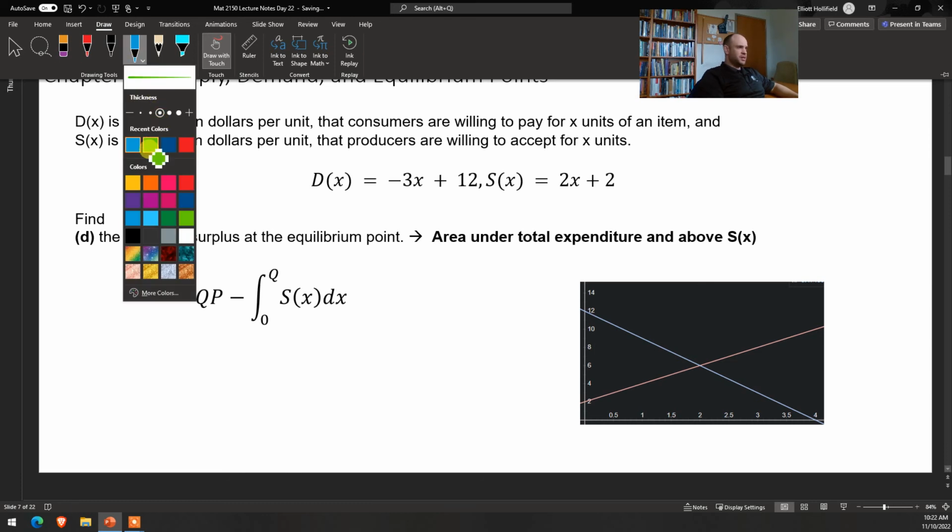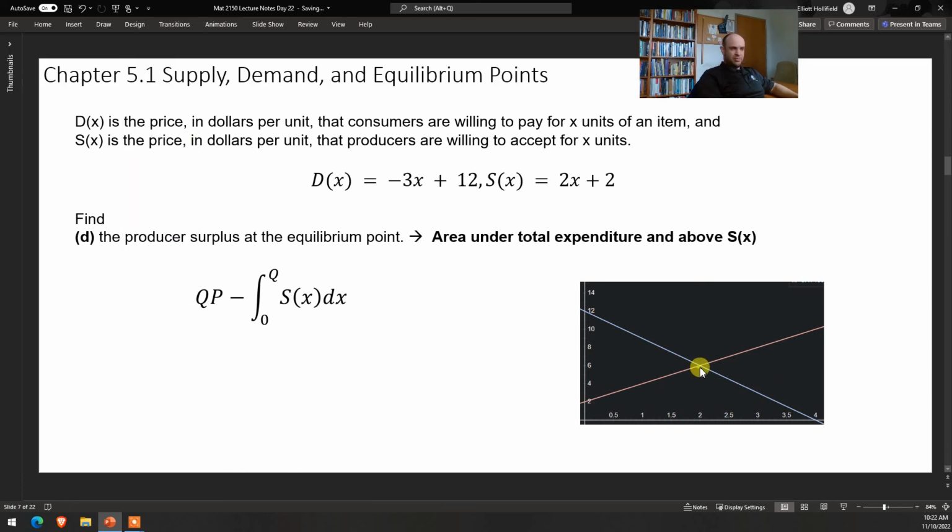Let's first start by drawing our equilibrium point and the corresponding rectangle. That corresponds to this area.